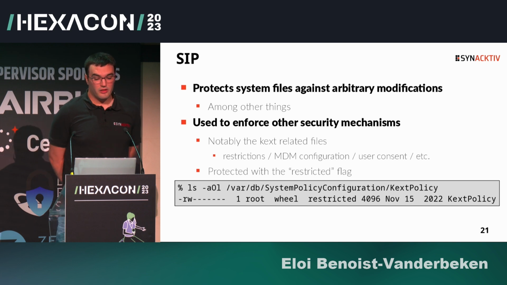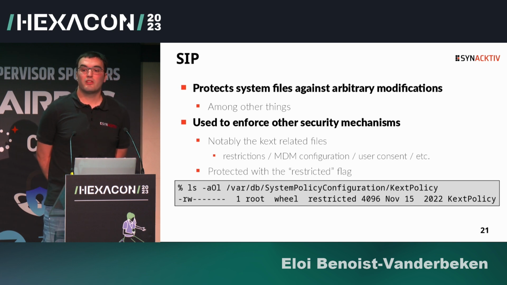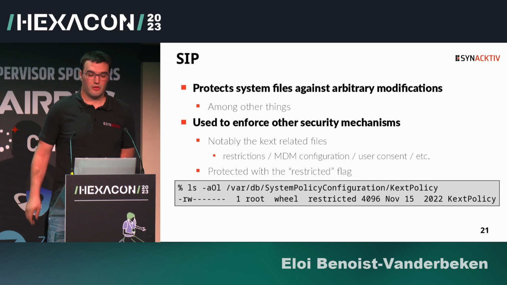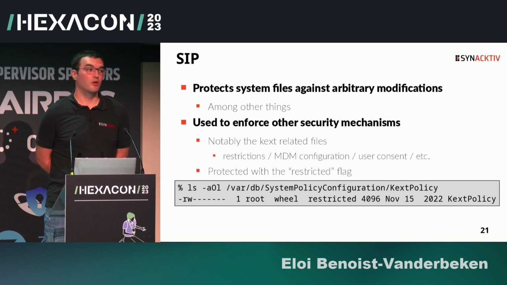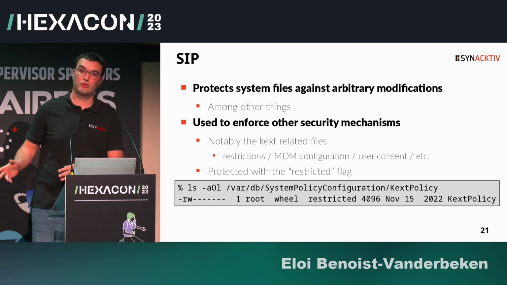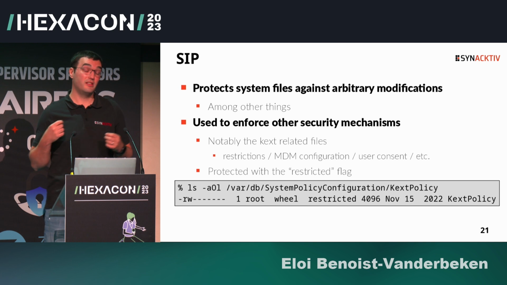Most notably, it's used to protect the kernel extension related files, the restrictions on the kernel extensions that you can load, because Apple is trying to force developers to implement things in userland.